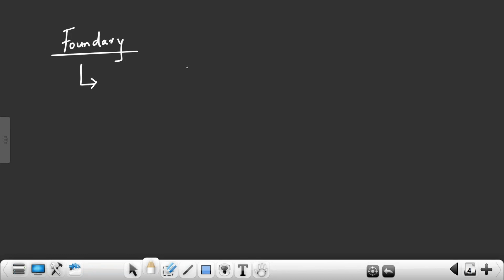Okay, leave that, don't worry. Foundry, right? Which place do we call a foundry? So what is a foundry? Yes, good. Foundry is a place where the chip is fabricated.